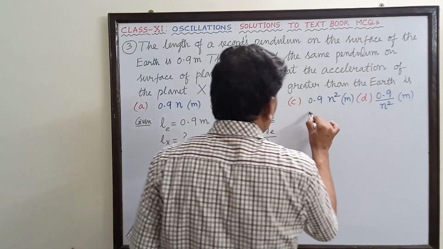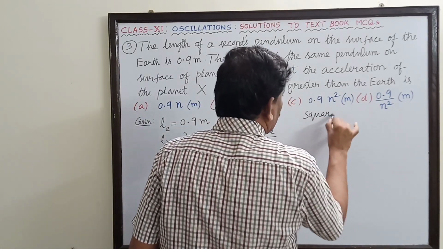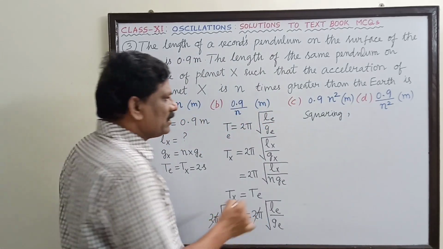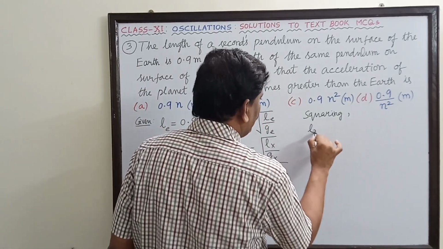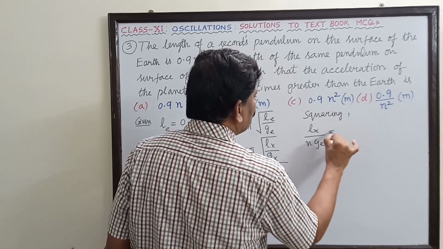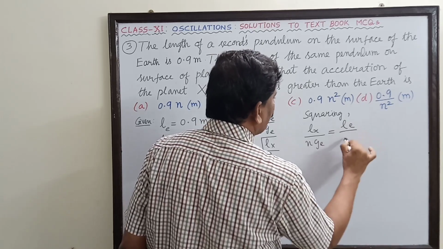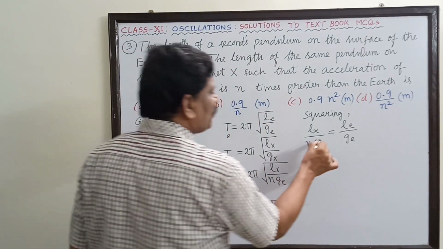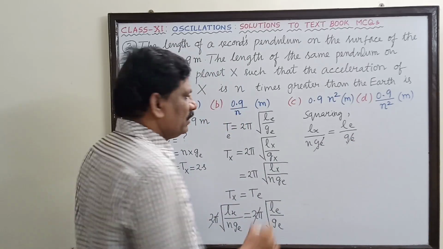Now squaring on both sides, the root gets eliminated. So I can write L_x divided by n into g_e is equal to L_e divided by g_e. Now g_e also is getting cancelled.